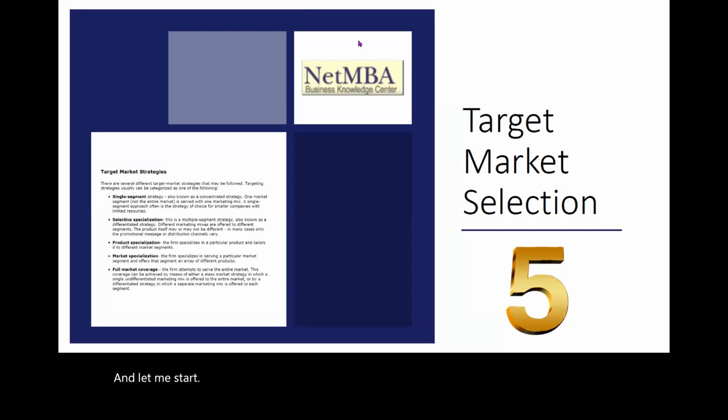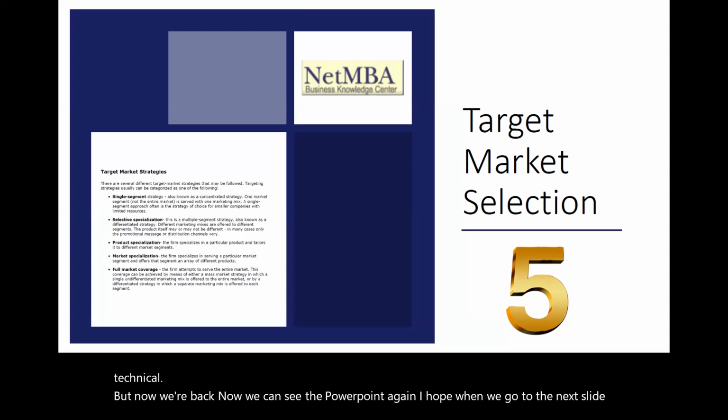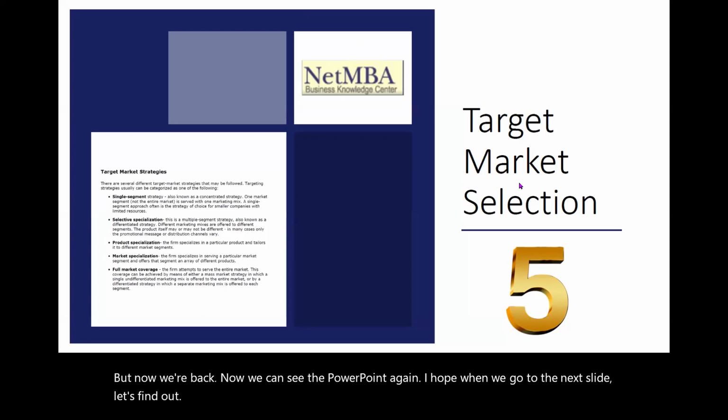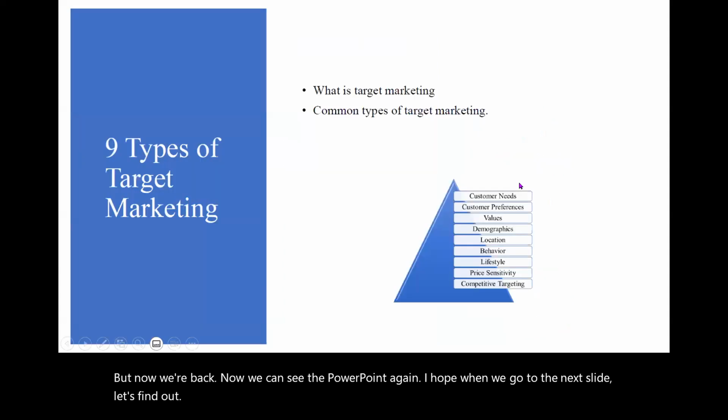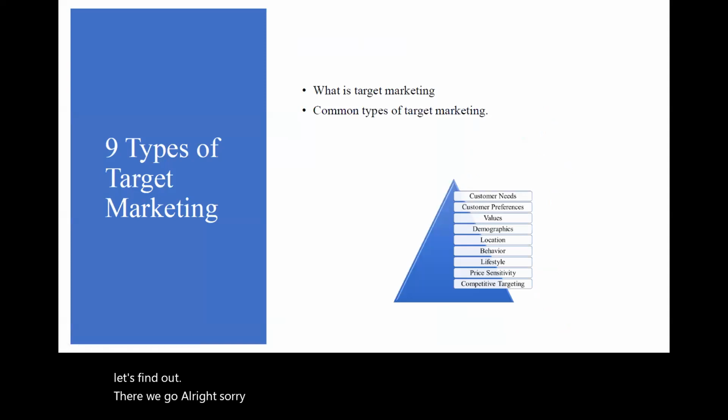We're going to pause it. I'm going to double check it. That should be good. Okay, there was a technical hiccup. Now we're back. Now we can see the PowerPoint again. I hope when we go to the next slide. Let's find out. There we go. All right. Sorry about that. There was a little technical hiccup, but now we're back on the road.